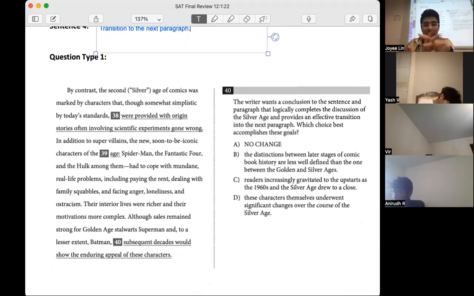Okay, so question number 40. The writer wants a conclusion to the sentence and paragraph that logically completes the discussion of the Silver Age and provides an effective transition to the next paragraph. Which choice best accomplishes this? This is the general structure of a paragraph type: sentence placement, sentence position, whatever you want to call it.